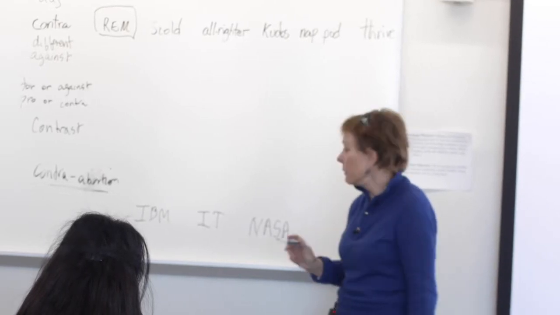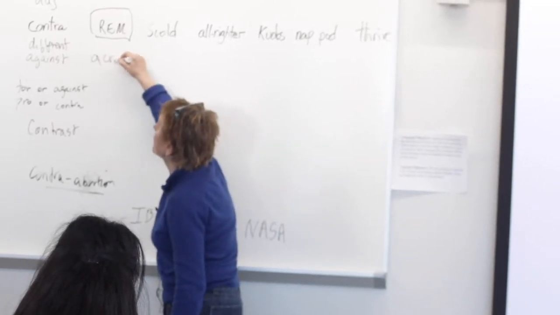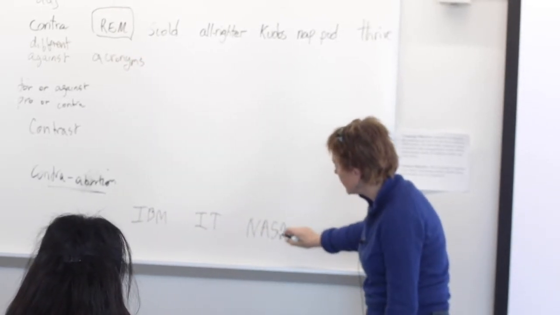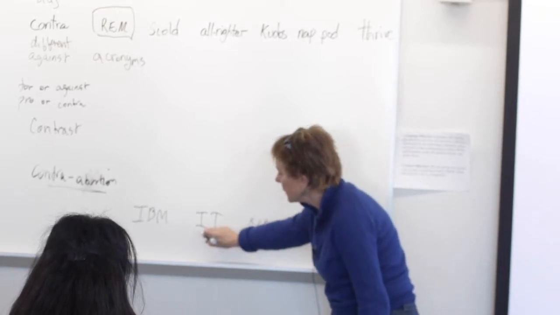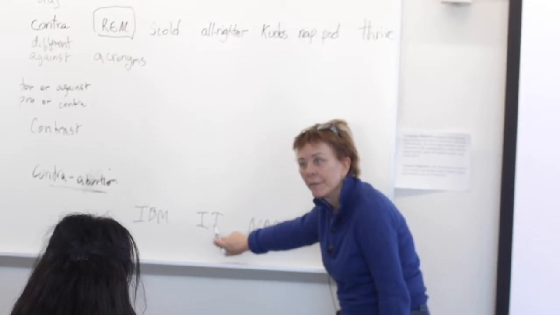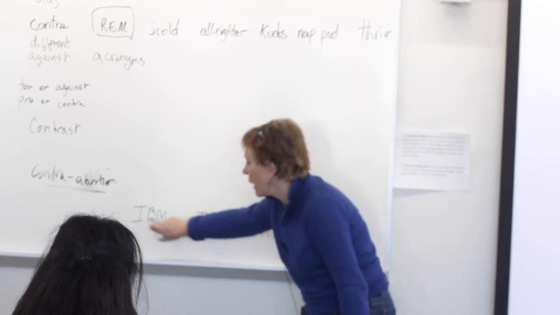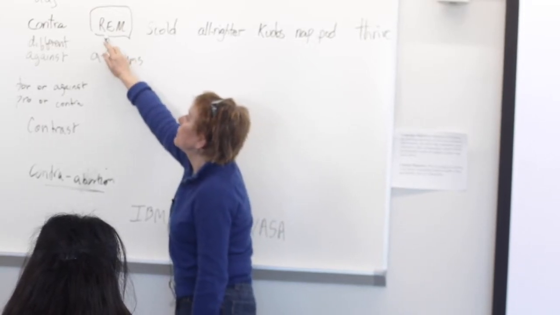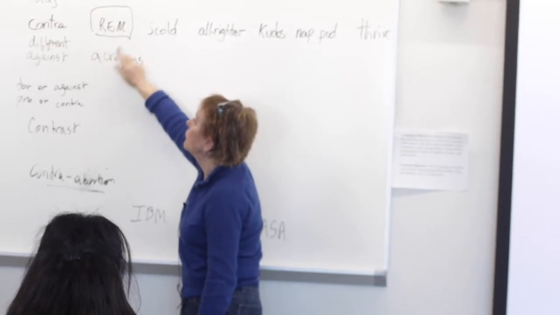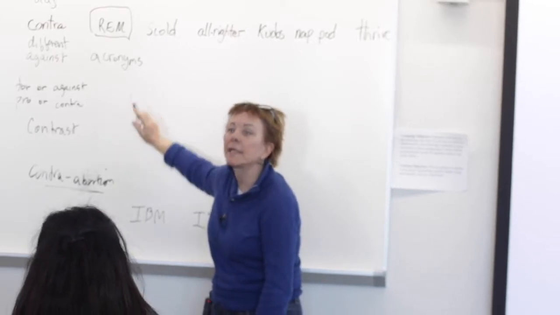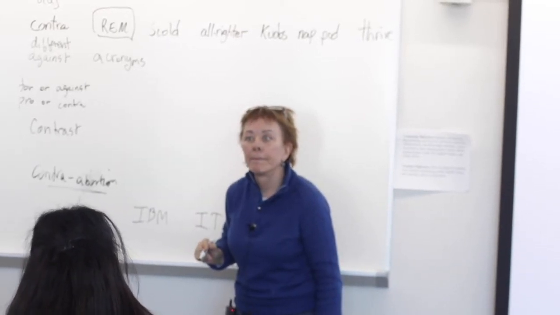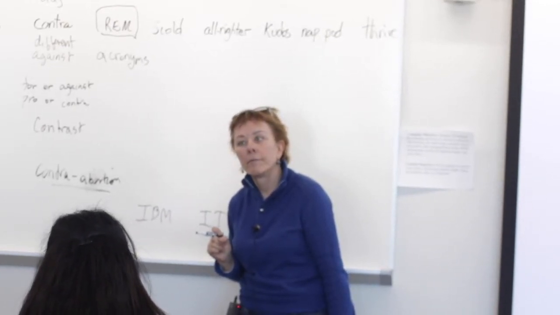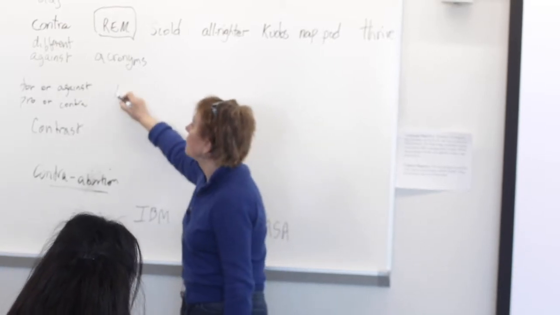We also call these words acronyms, because they signal National Aerospace something or other. And what's IT mean? Information technology. And IBM is the name of the company. So an abbreviation that means something, when you can translate directly, rapid eye movement, is an acronym. It's like a short way of reading a word. Okay? So is an acronym a noun or a verb? In this case, it's a noun, yes.